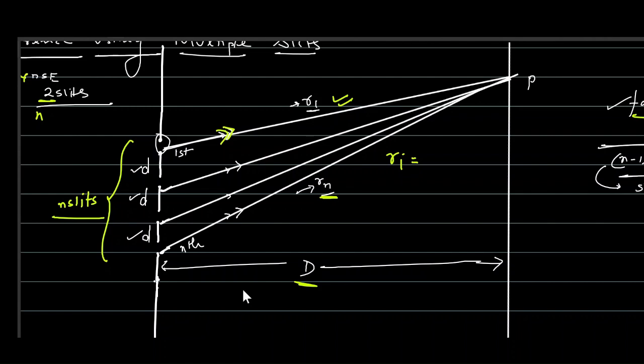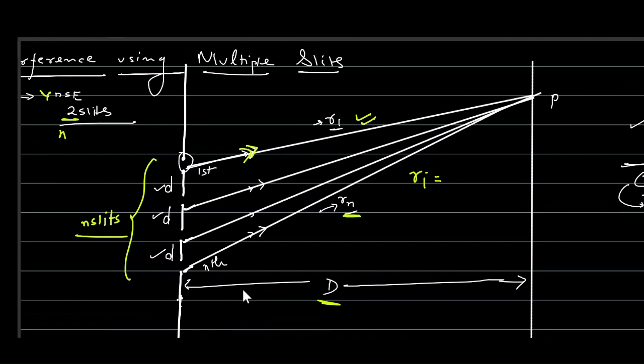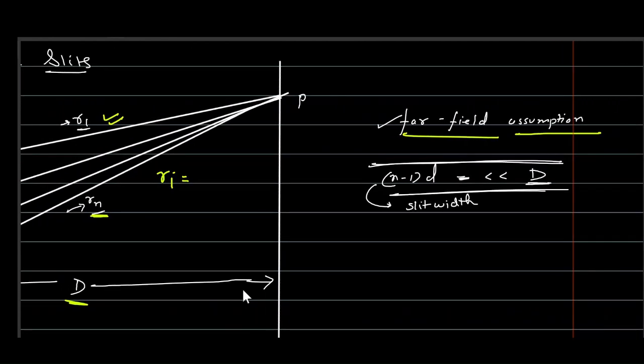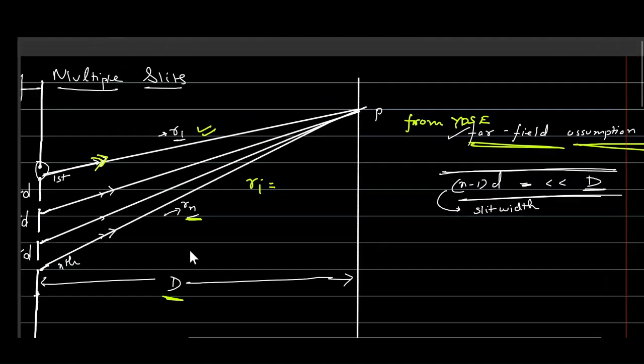During the derivation of the required results, we will be using phasor analysis, complex numbers, and some basic trigonometry. From YDSE, we are using the far field assumption that the slits are quite far away from the screen, right?